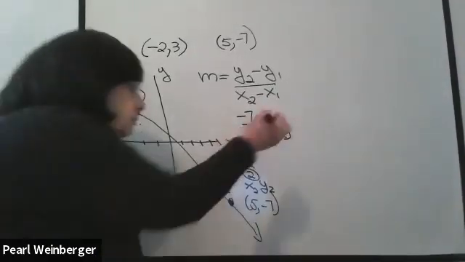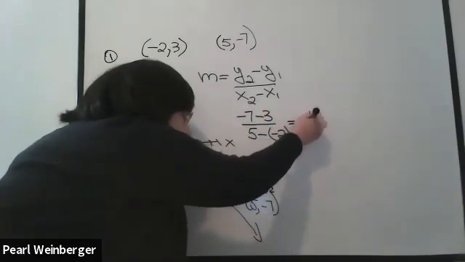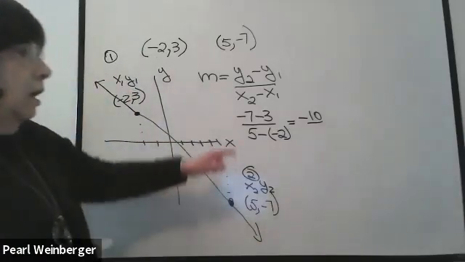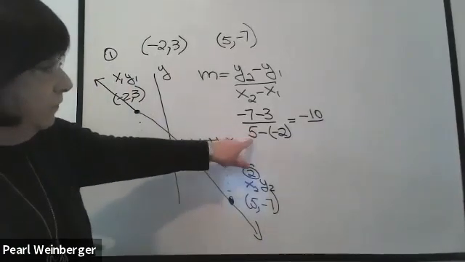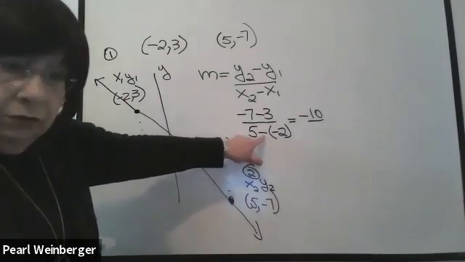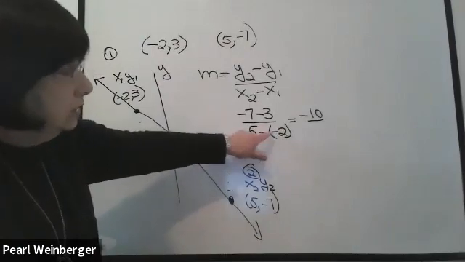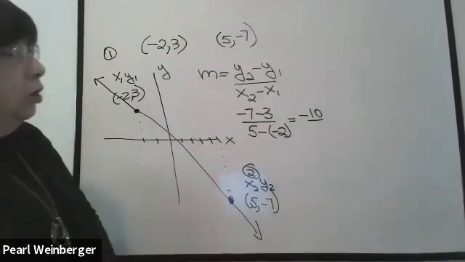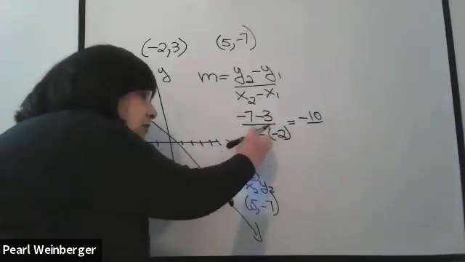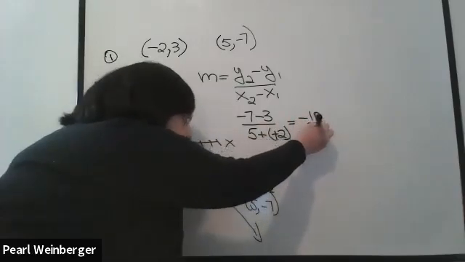And that gives you -10. You can do this on your calculator as well. 5 subtract -2. Remember, this is the subtraction sign. This is the minus. We know, though, when we have two minuses, they become a plus, so that becomes 7.